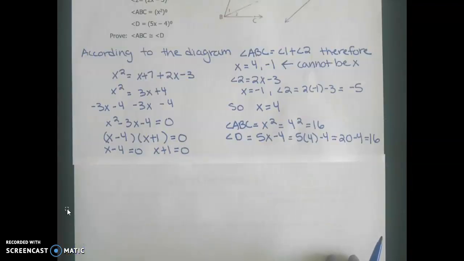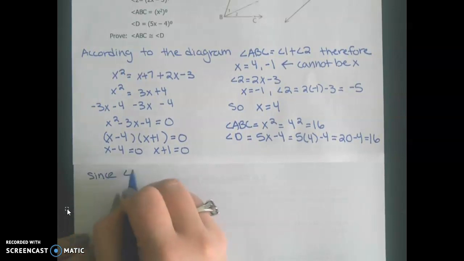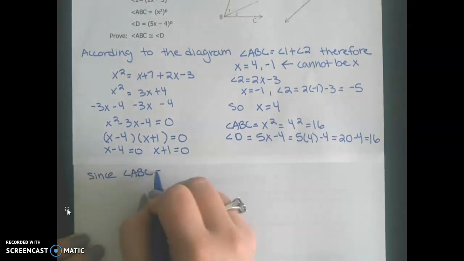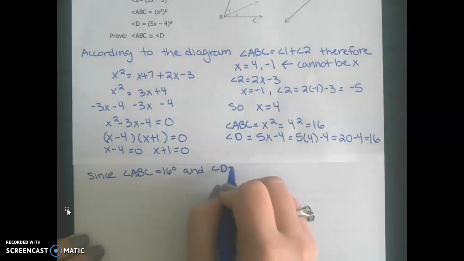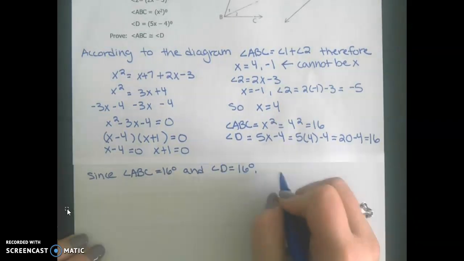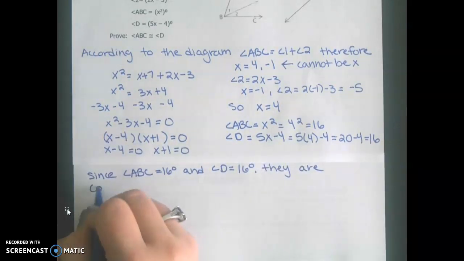All right, and I was running out of room, so I have just grabbed the second piece of paper so I can complete my proof. And so, since angle ABC equals 16 degrees and angle D equals 16 degrees, they are congruent.